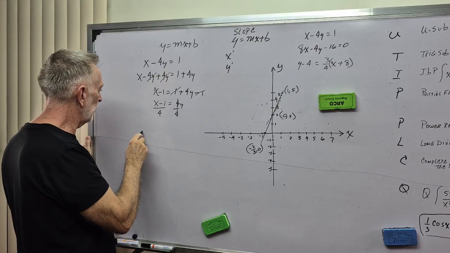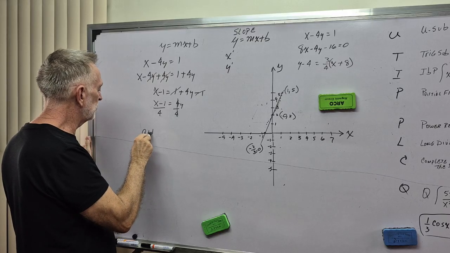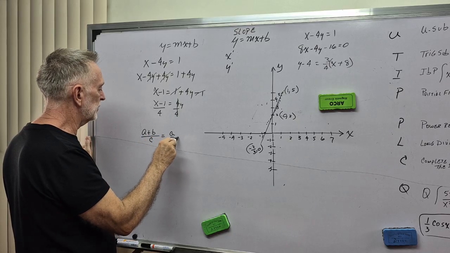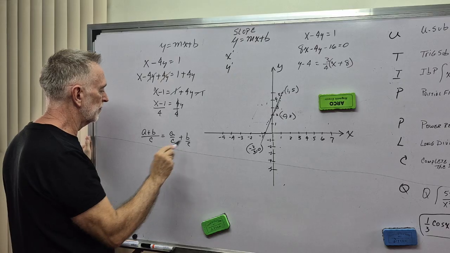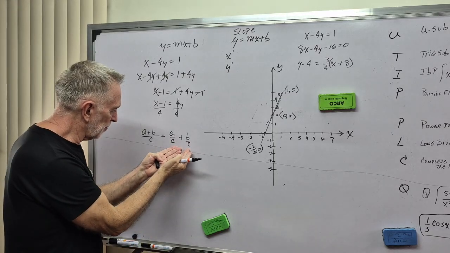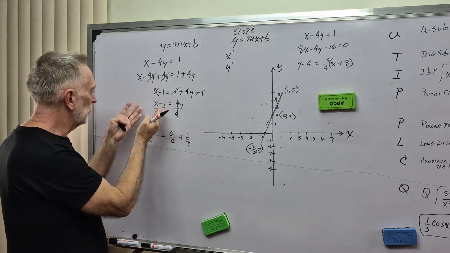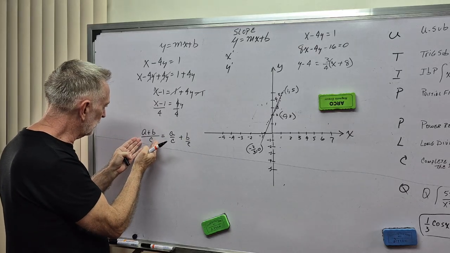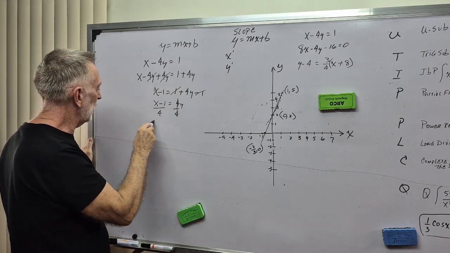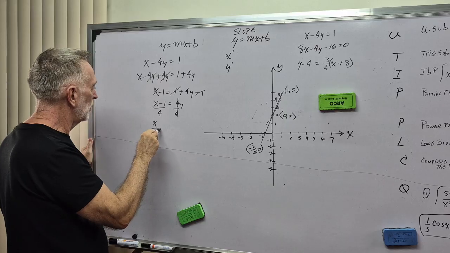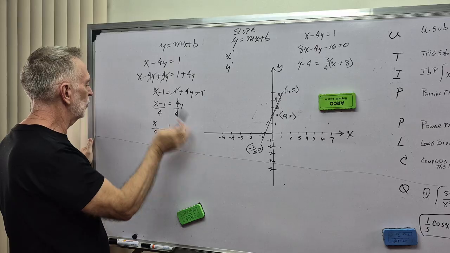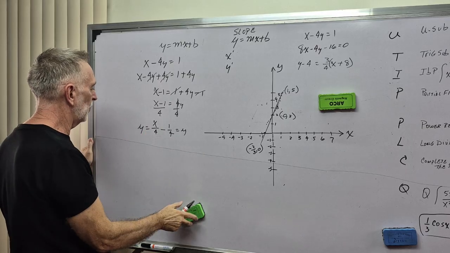Now, you know if you have a plus b over c, you can break that into a over c plus b over c, right? That's actually the concept of getting a common denominator so we can do this. But in this case, I have this situation. I want to break it apart. So now I have x over 4 minus 1 over 4 equals y. I'm going to just put the y on the other side. Y equals.